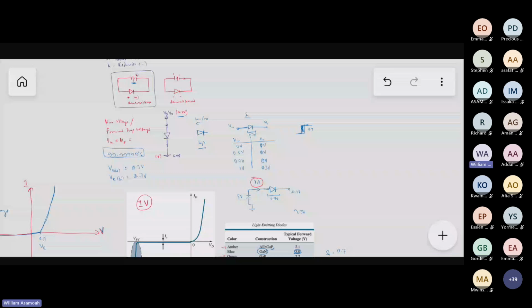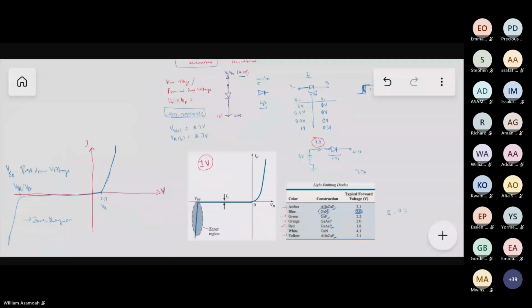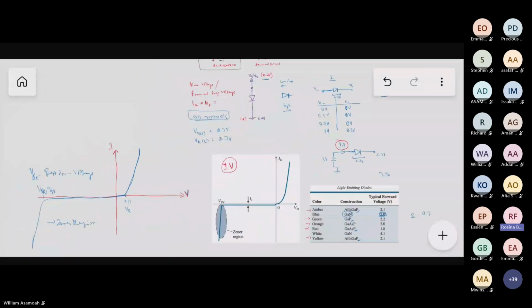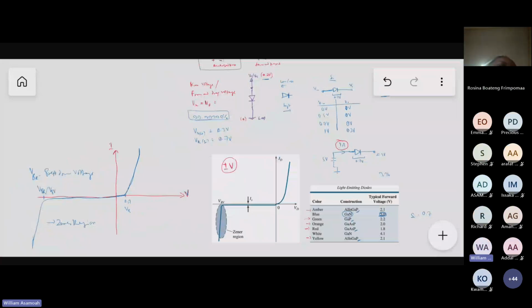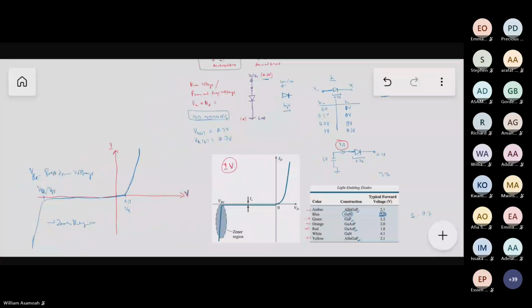Yes, Rosina. Great. When you were talking about the diodes and their power, you said that for silicon diodes, their forward voltage is 0.7 and germanium is 0.3.